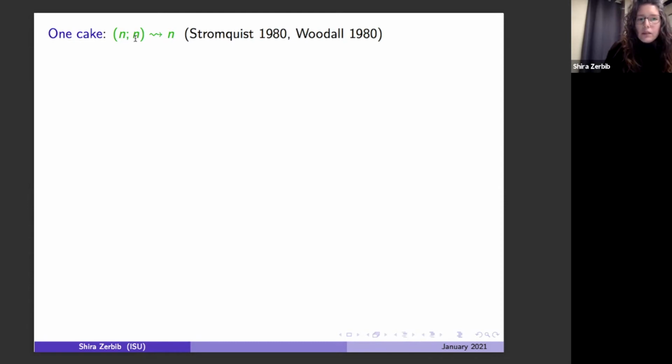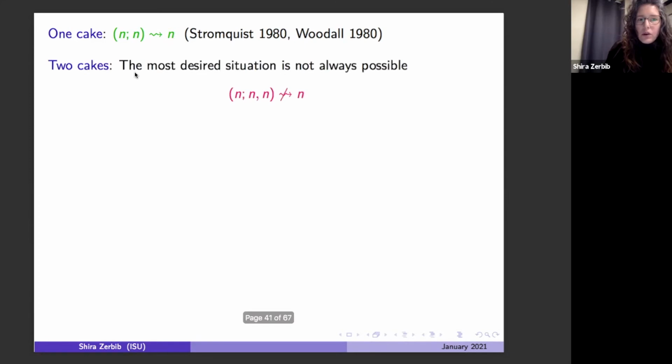Now we want, instead of one cake, to go further into two cakes. The most desired situation would be that we have two cakes and n players, we want to partition each one of them into n pieces and give each player a disjoint pair of pieces, and everyone is happy. But it turns out that this is not always possible.